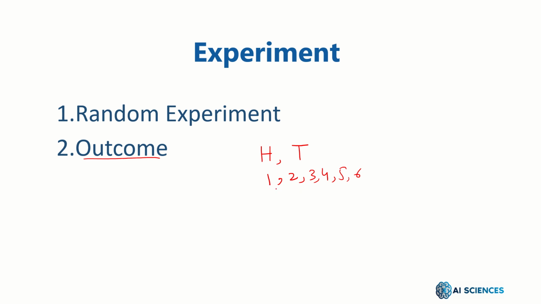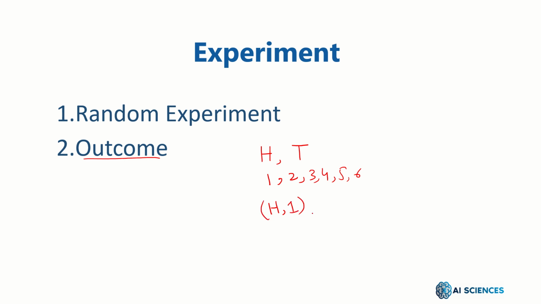You may have another, more complicated kind of experiment, in which you have a coin in one hand and a 6-faced die in the other hand, and you simultaneously toss the coin as well as roll the die. That's an experiment. And now the outcomes might be: the coin may end up as head, and the die may come up with 1.